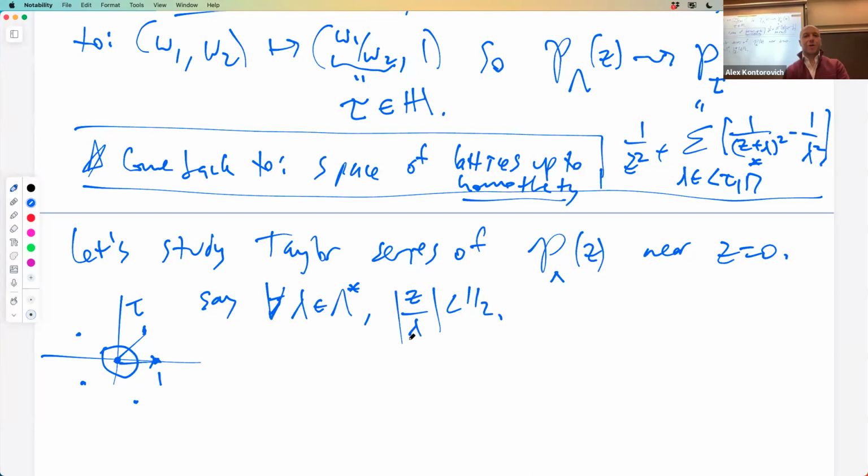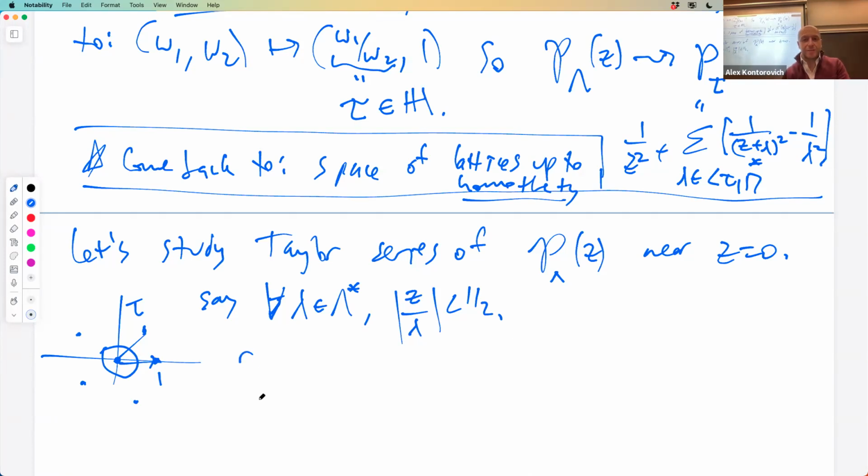For larger lambda, this is obviously going to be small as lambda gets farther out. The closest I want to be less than half of the distance to the nearest lattice point.